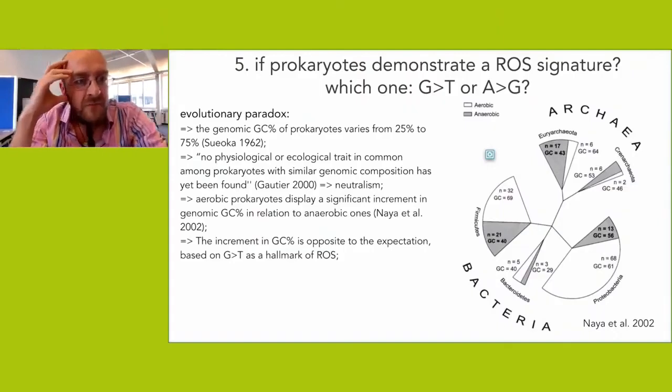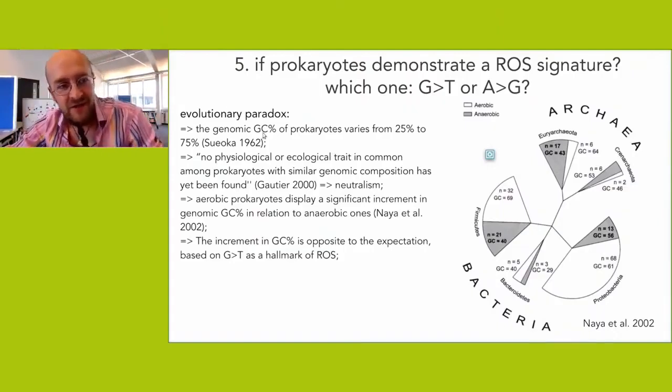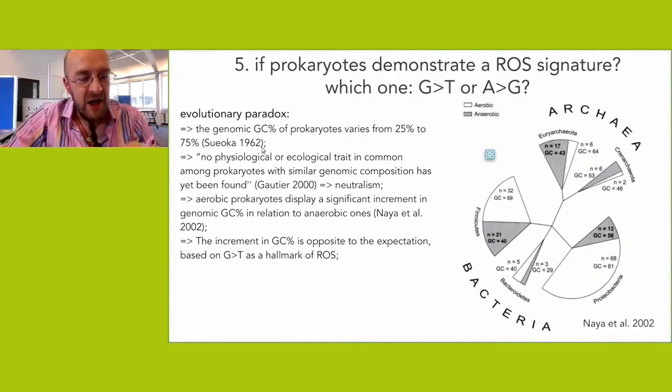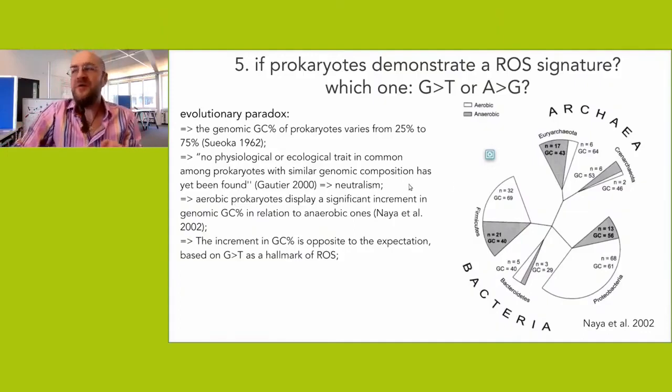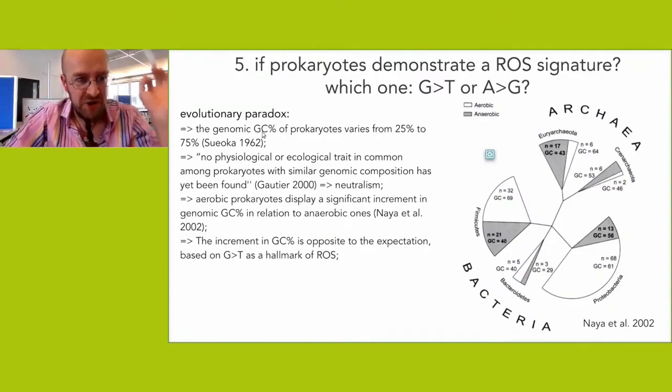I'm catching up. So this GC variation can be explained either by neutral mutation bias or by selection. And still now, nobody has been able to explain it by selection with some universal mechanism. So most likely, this variation is significantly driven by mutational bias, so it's neutral. And now the most interesting paper is Naya et al.